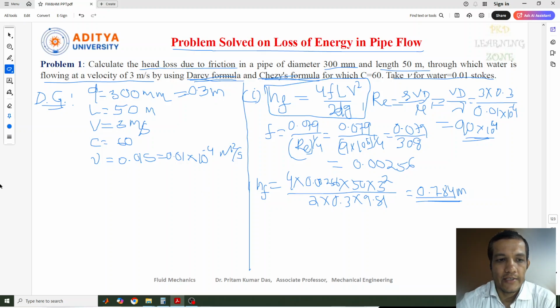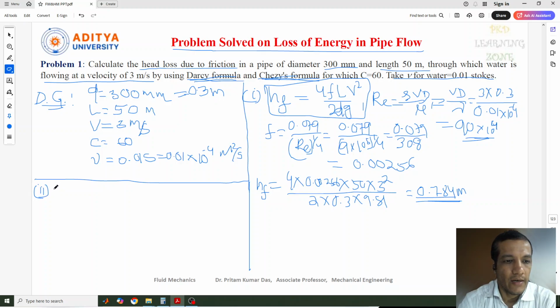Now one more thing is given, that is the second part. By using Chezy's formula, we need to calculate the value. We know that Chezy's formula is V equal to C into root over of M into I. By using this formula, again we need to find out the hf value.